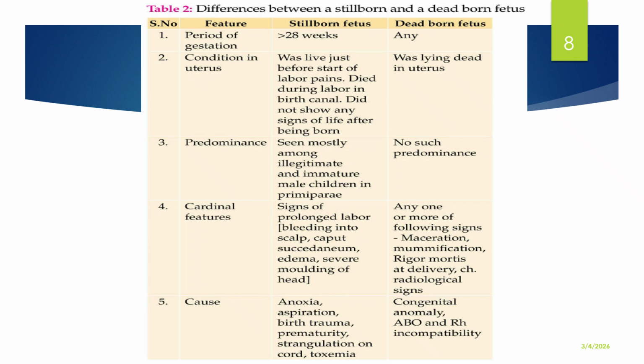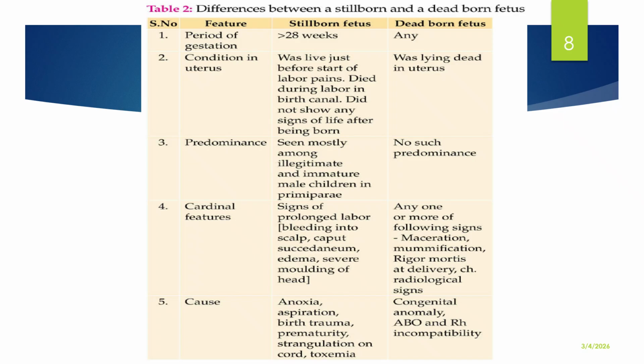In stillborn, the fetus was alive just before the start of labor pain, died during labor in the birth canal, and did not show any signs of life after being born. Whereas in deadborn, it was lying dead in the uterus.